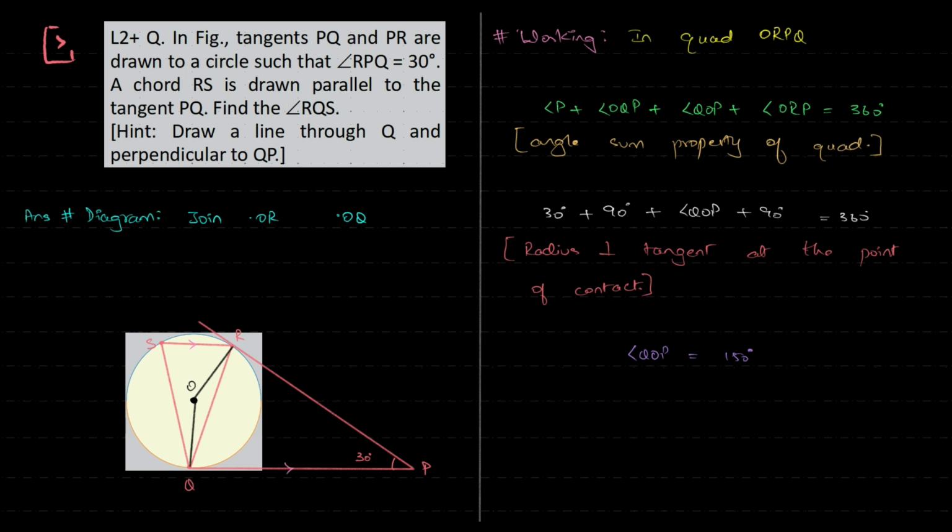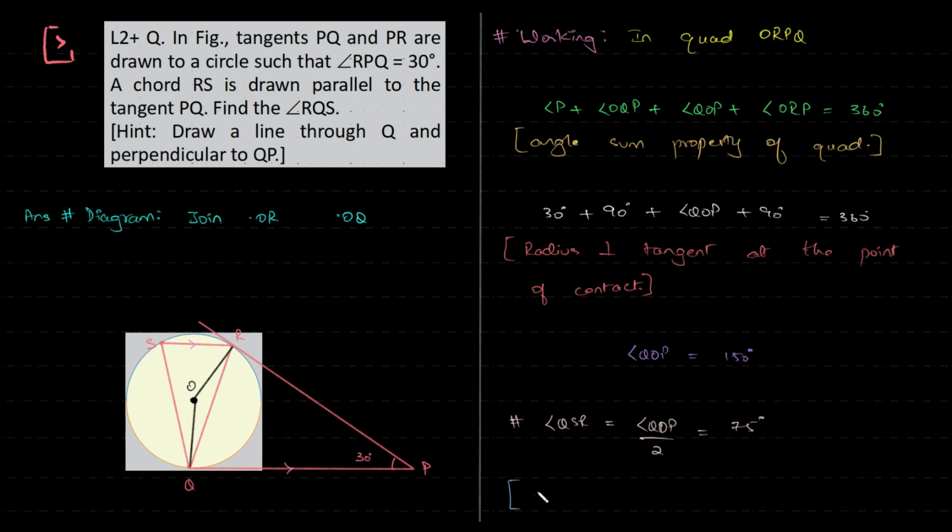This is good enough. And now on to writing that angle QSR is equal to half of angle QOP. So this is 75 degrees. But why is this?